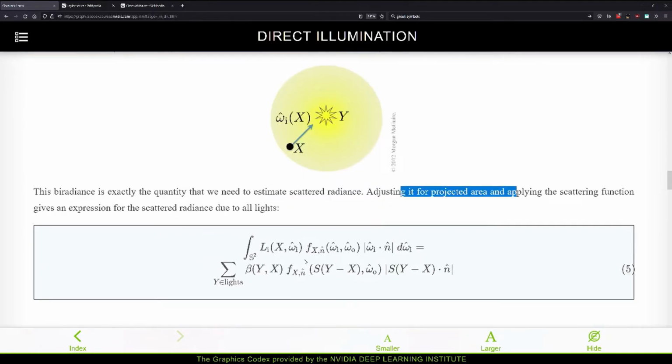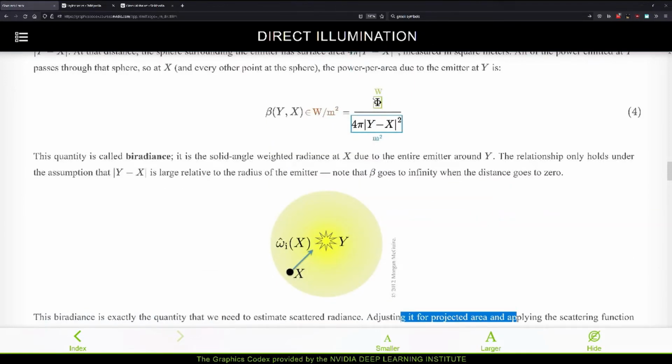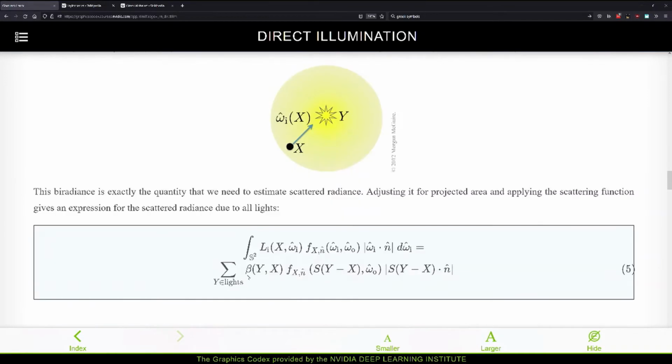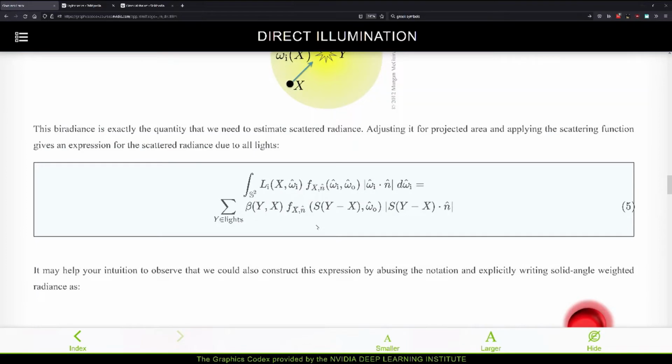Okay. So this doodad up here would be what we fill in for beta of y comma x. And since we're now considering a distance, where does the s come from? Is that the scattering function? Oh yeah, because we want the strength of the light. So our integral goes from a continuous one to a discrete sum over every light, and we get the strength of each light, and we have our scattering.